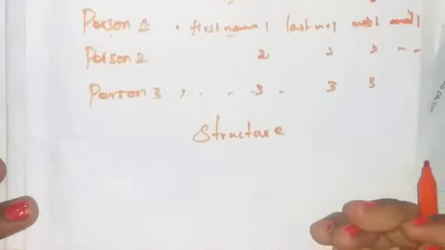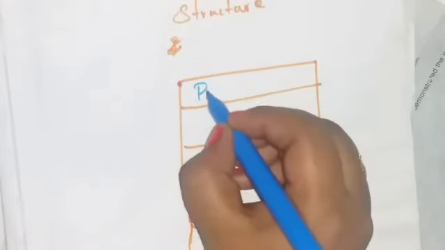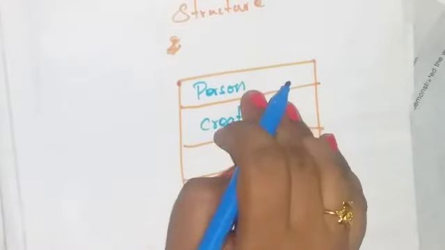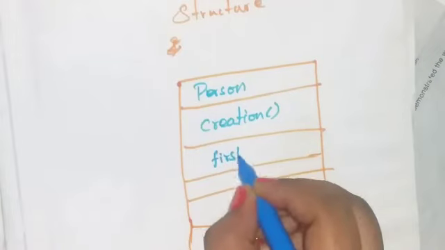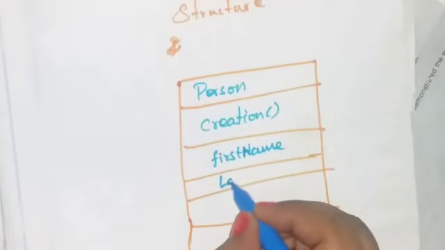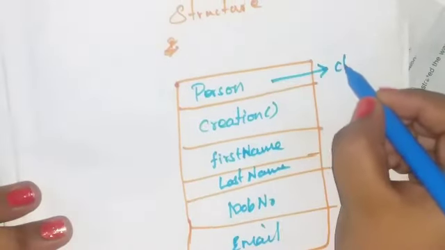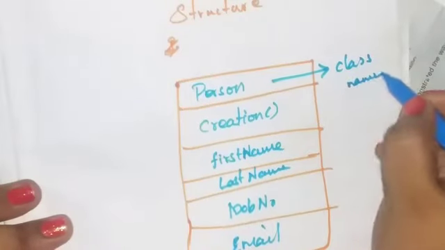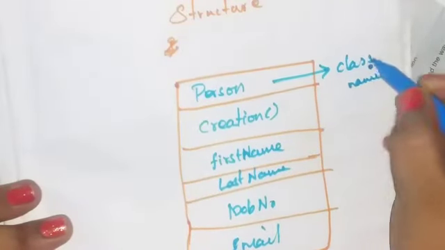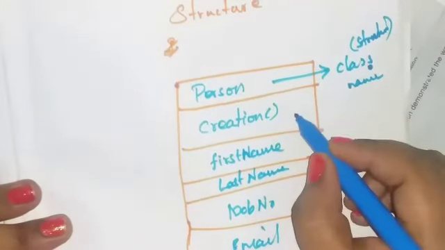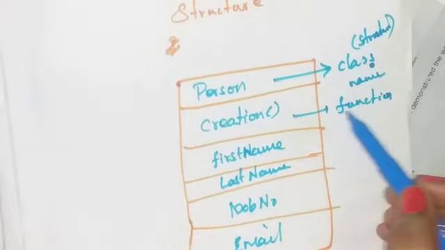How will you solve this problem? You just create the structure person that has the members first name, last name, mobile number, email. This is the class name, which means class is also called structure. This is the structure. And this is the function that is used to create the structure data type.